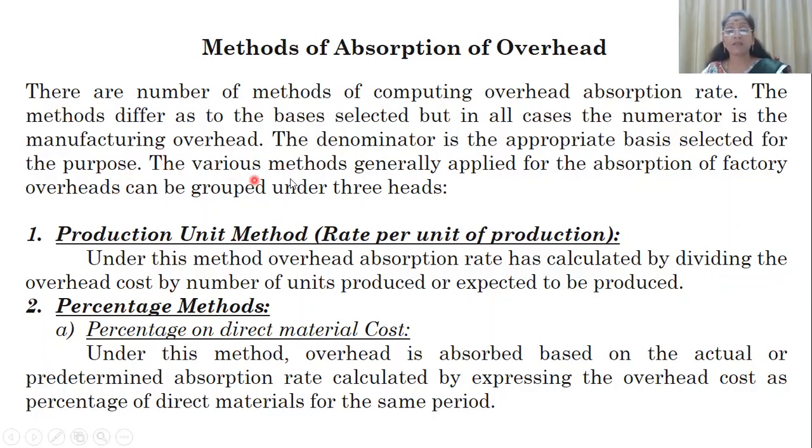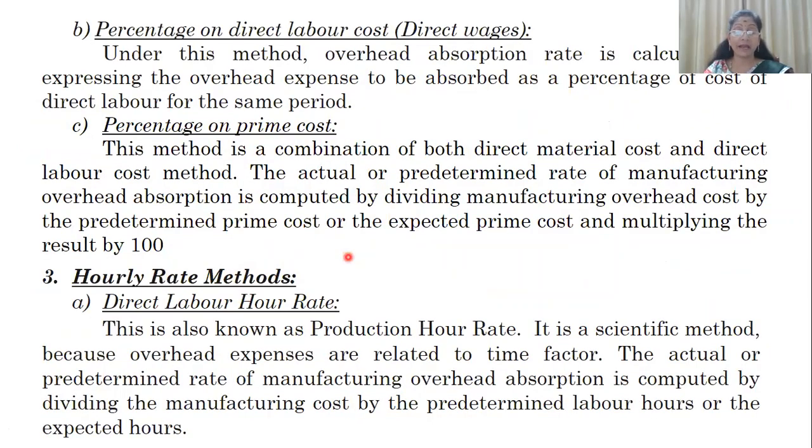The various methods generally applied for the absorption of factory overhead can be grouped under three heads. These are the most important methods, normally applied in an organization. One is the production unit method. Second is the percentage method. Third is the hourly rate method.